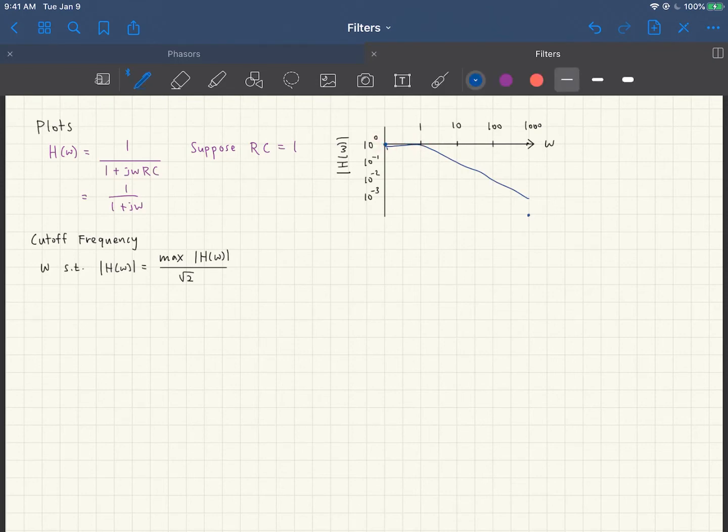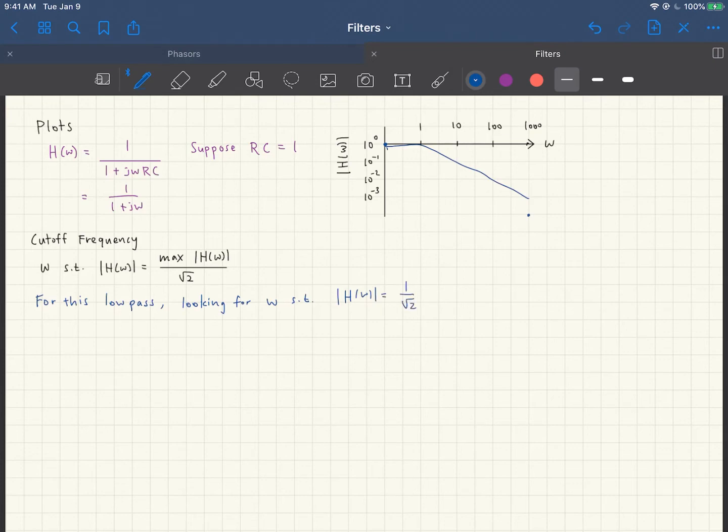So for this low pass, we're looking for omega where the magnitude of H of omega is equal to 1 over the square root of 2.